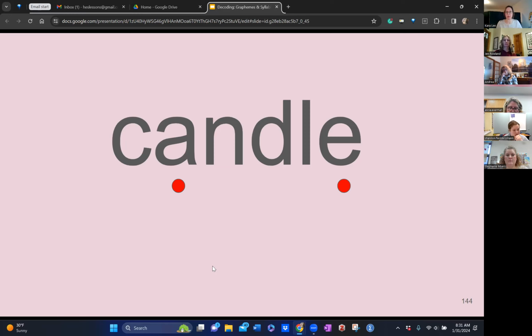So we could just say, do you see any suffixes that we've learned? No, no suffixes. So after that, then we're going to underline and circle consonants in between the vowels, right? Okay, so I've done that. I see an N, a D, and an L. They each get their own underline. Now what am I going to do? What's my next step?